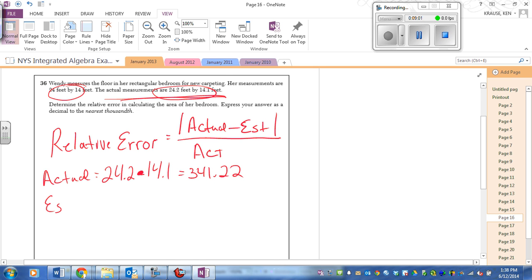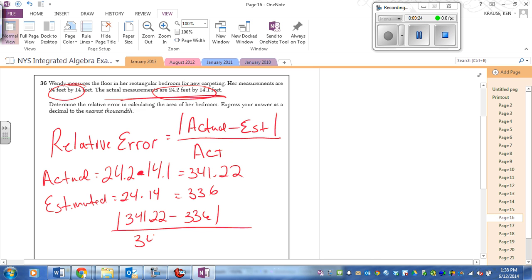Estimated is 24 times 14, and you get 336. Substitute those numbers in. 341.22 minus 336 is 340.2.